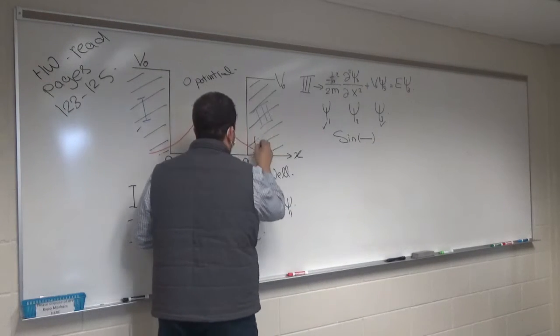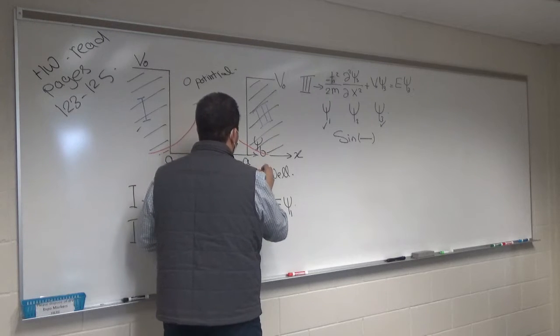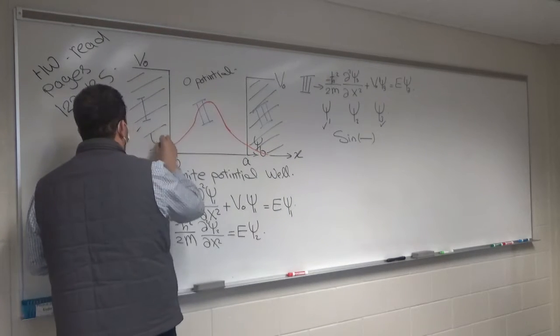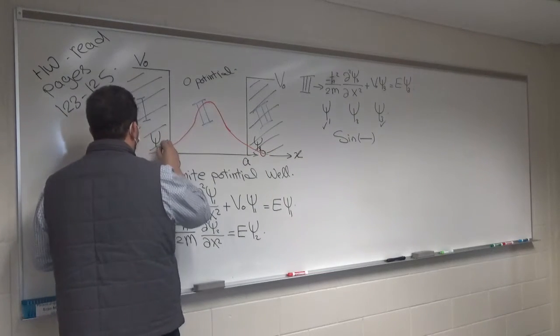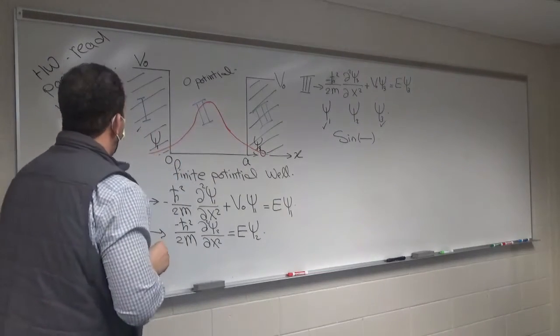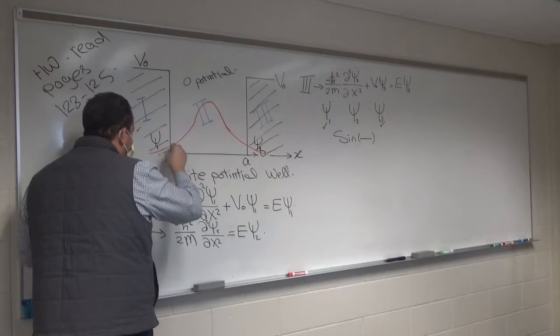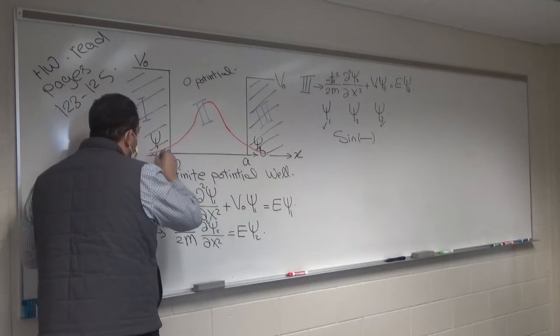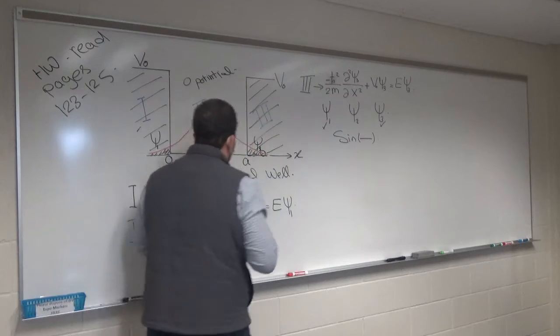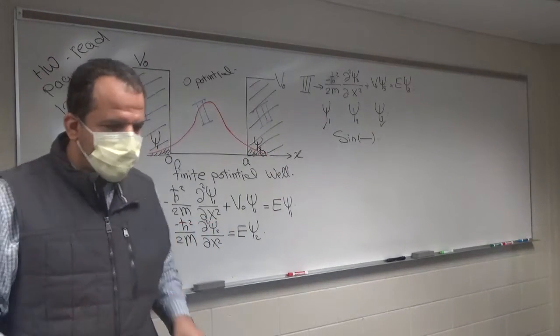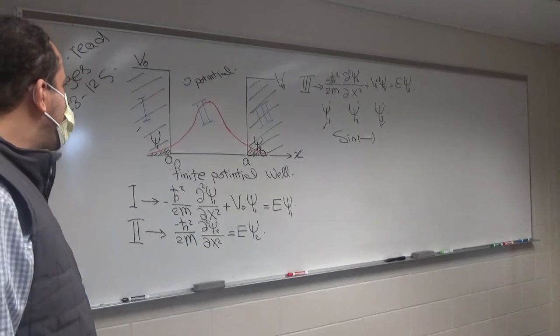So this can represent psi 1 and this can represent psi 3. So there is probability, guys, to find the electron right here. That's possible. There is a property, guys, called tunneling.